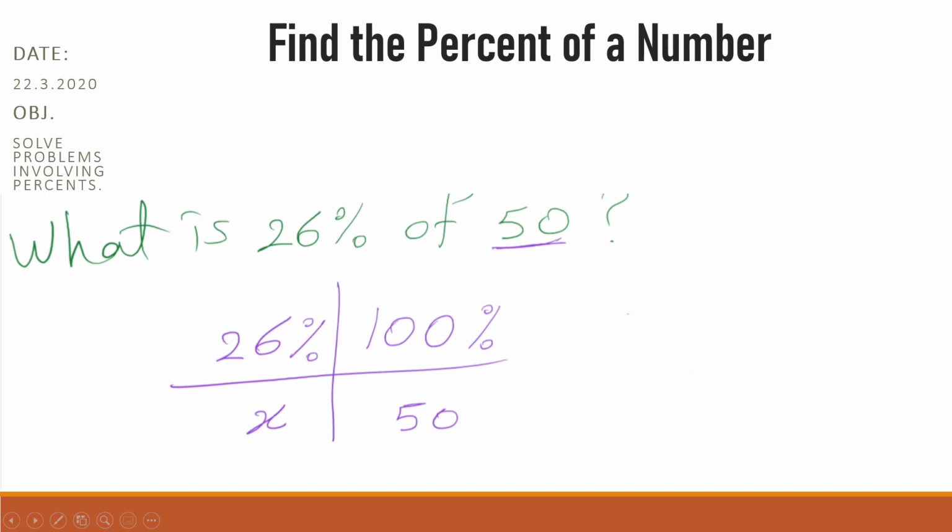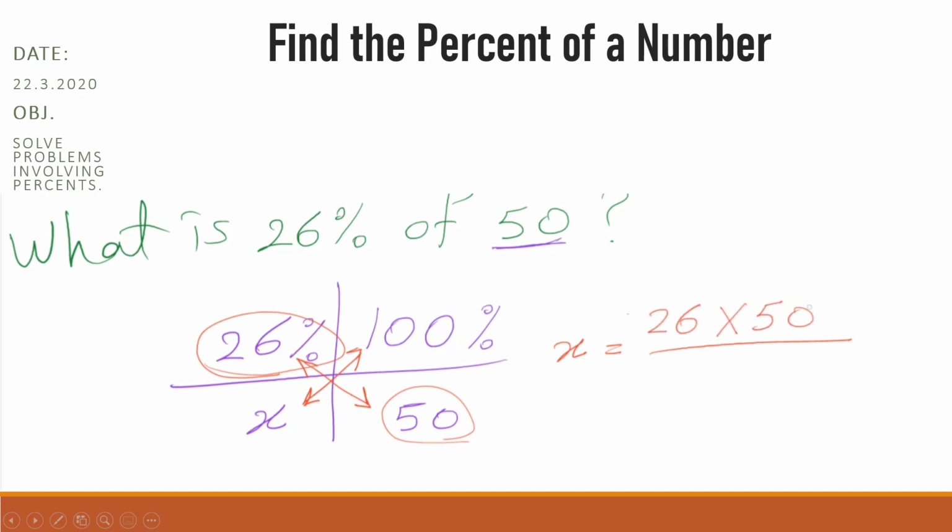Use cross multiplication. So we have X equal to, multiply 50 and 26. So 26 multiplied by 50 and divide by 100.